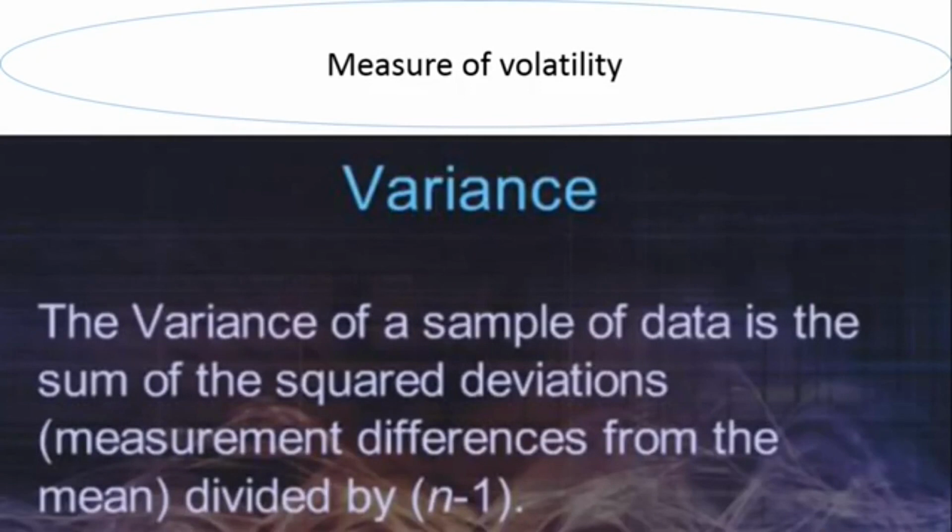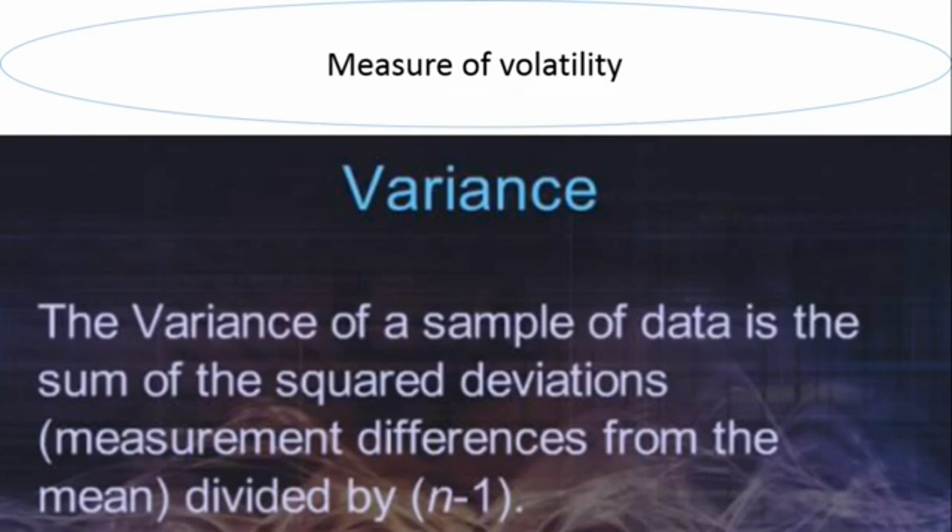The variance of a sample is just the sum of squared deviations, that is, the measurement of the difference from the mean. So we measure the difference from the mean of each observation, and we compute the sum of the squares of these differences divided by the number of observations minus 1.